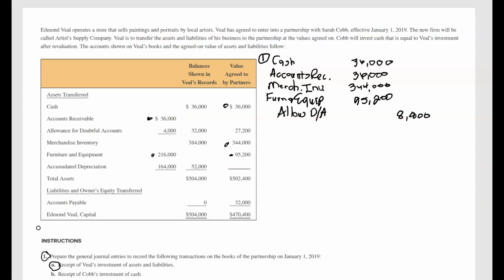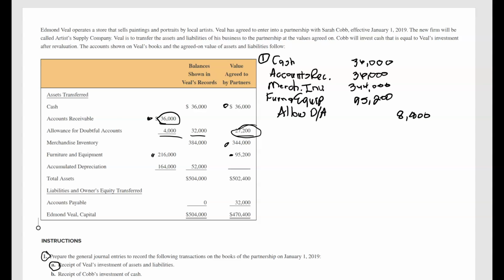And where they get that number from for the allowance for doubtful accounts is, take the $32,000 and the $27,000 and the $4,000, and then that is where you get the $8,800. If you take the full $36,000 and subtract $27,200, you get $8,800. You're looking at the difference between the amount in the accounts receivable and the amount that is allotted for the allowance account.